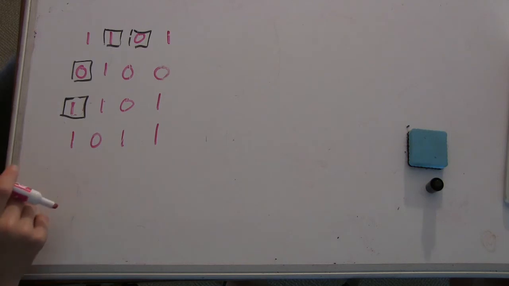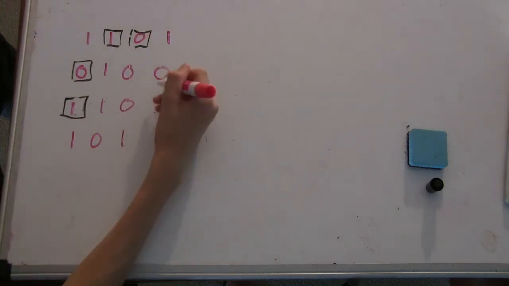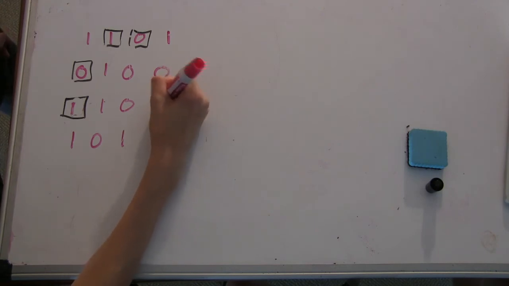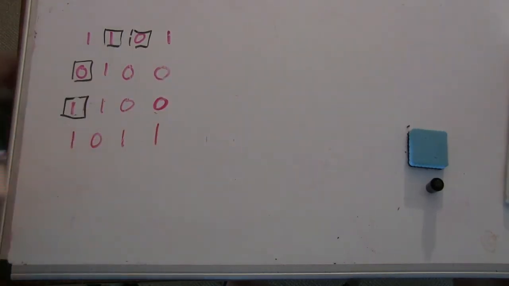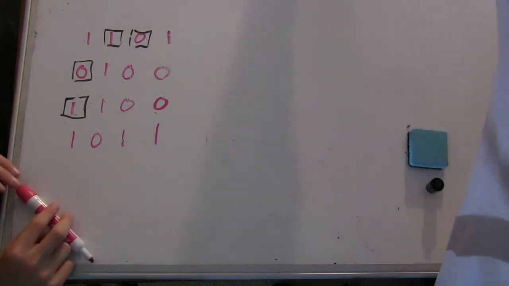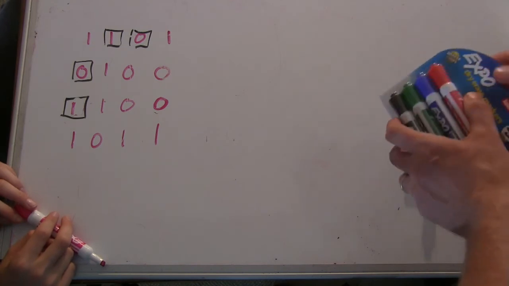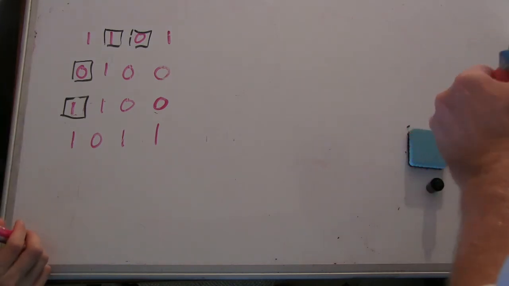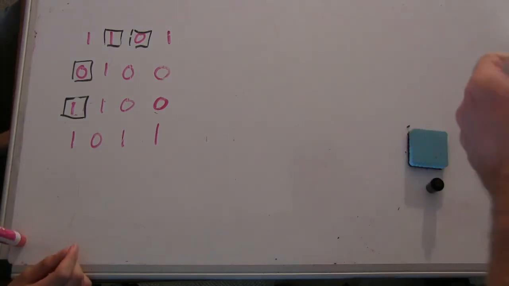So maybe I'll just make an error in the data. Okay. So if this was changed to a 0. All right. So the original message that had a 1 there. Actually, we have some new markers, so maybe we could make it a different color. Yeah.